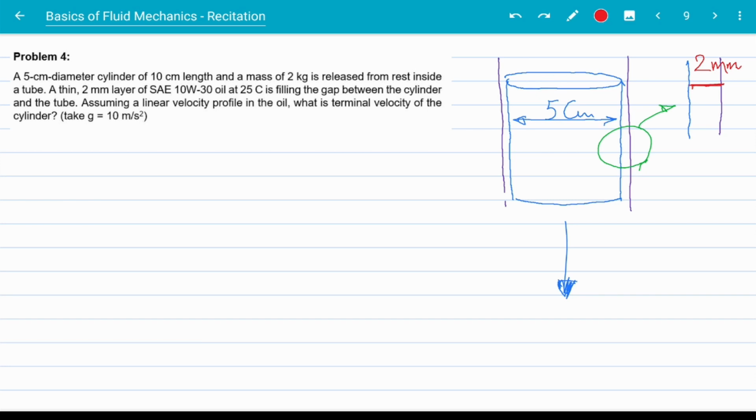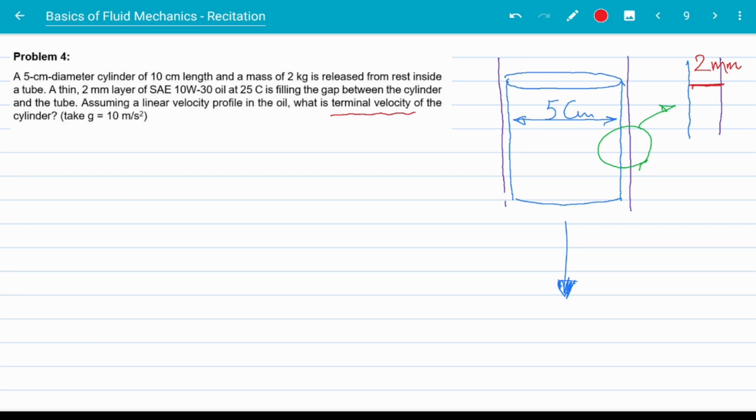All right, now there are a few things in this problem that we need to first define. First term is terminal velocity. You may not be familiar with this term. Terminal velocity is a term generally used to refer to the velocity of an object which is in force equilibrium.